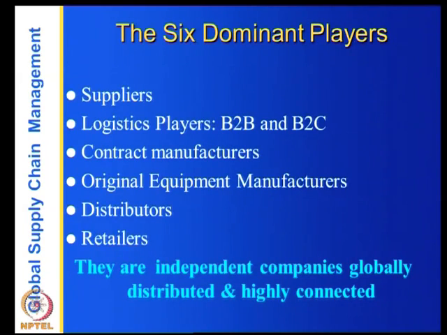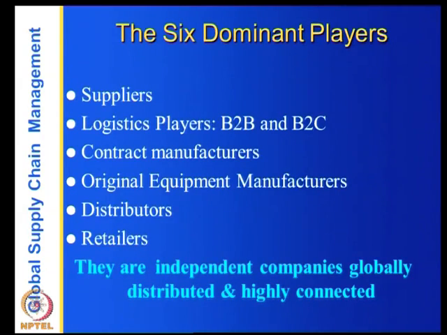They select the suppliers. They schedule the entire delivery of the particular product end to end, and their brand is the one on the product. If there is any problem, they are the ones who get the bad name. And finally, there are distributors and the retailers.